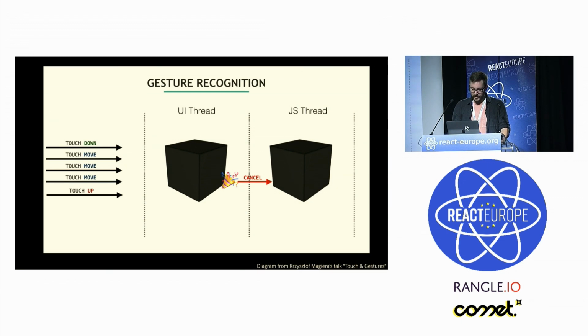So here's an example from Christoph Nakazawa's talk. I highly recommend watching his talk from React Amsterdam, where he goes over all of this as well. And it never hurts to hear it many times from different perspectives to absorb it a bit more.